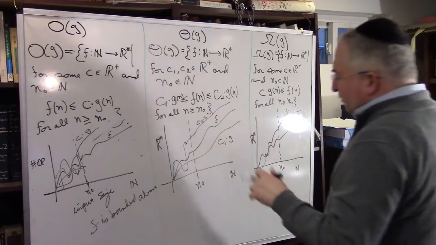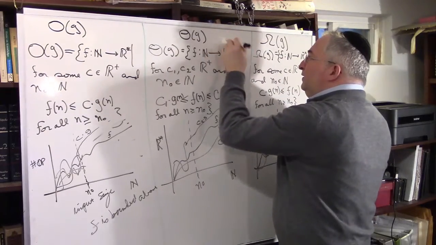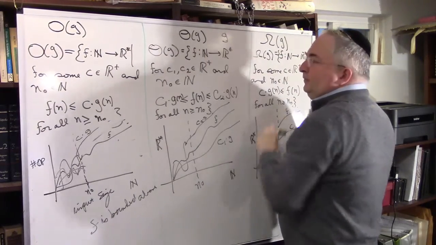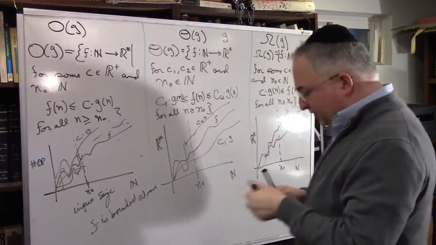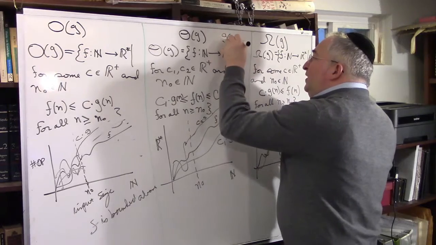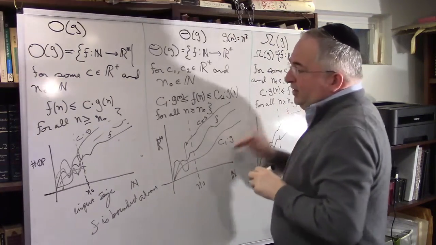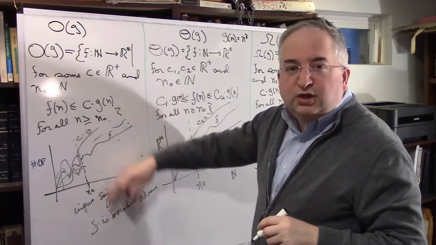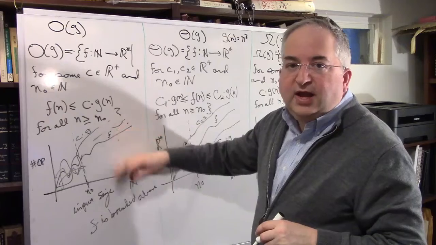The main idea is, let's just go through the main idea. If g of n is equal to n to the third, then these are the f's: n squared, n to the first, square root of n log n.